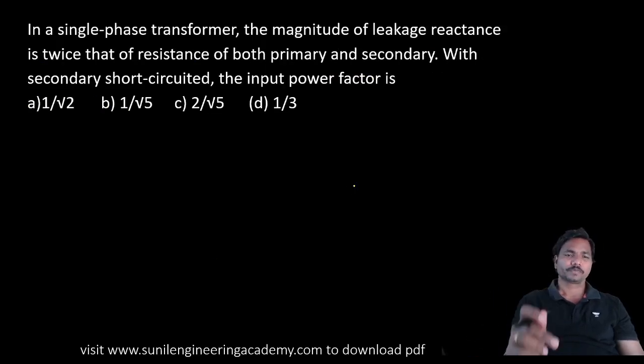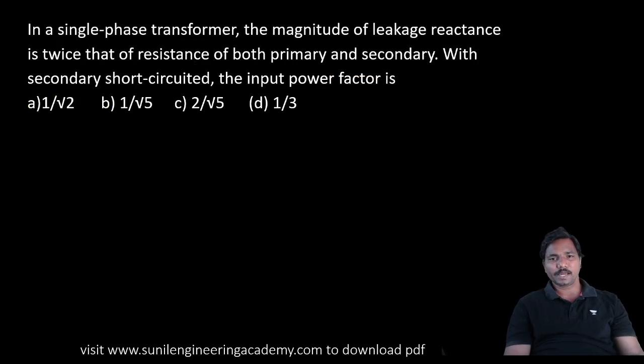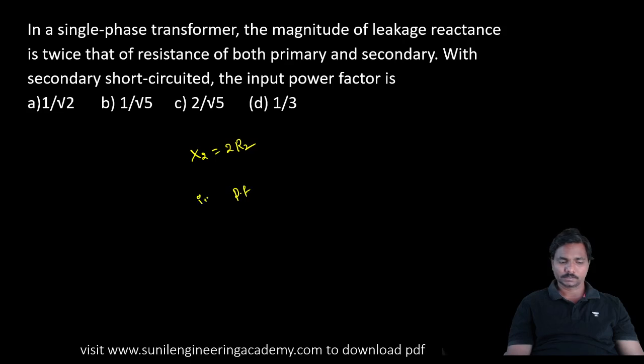Coming to the next question. Single phase transformer, the magnitude of leakage reactance is twice that of the resistance for both primary and secondary. With secondary short circuited, the input power factor is dash. What is the input power factor? Okay, so they have given X2 is equal to 2R2. Then what about Z2, guys?